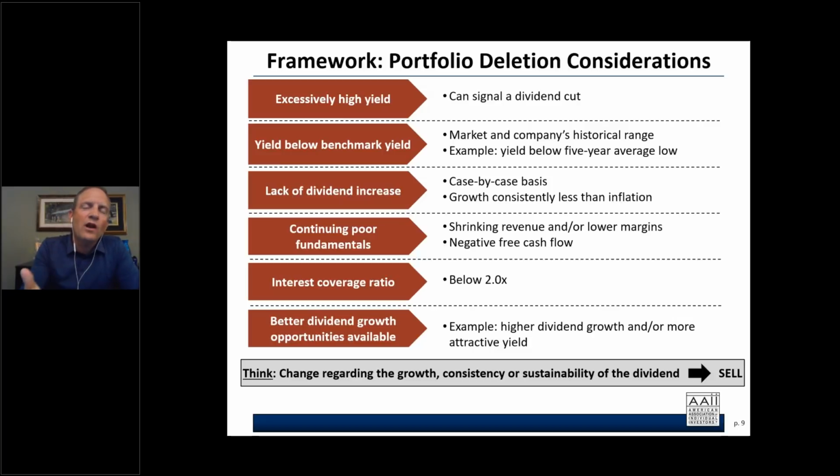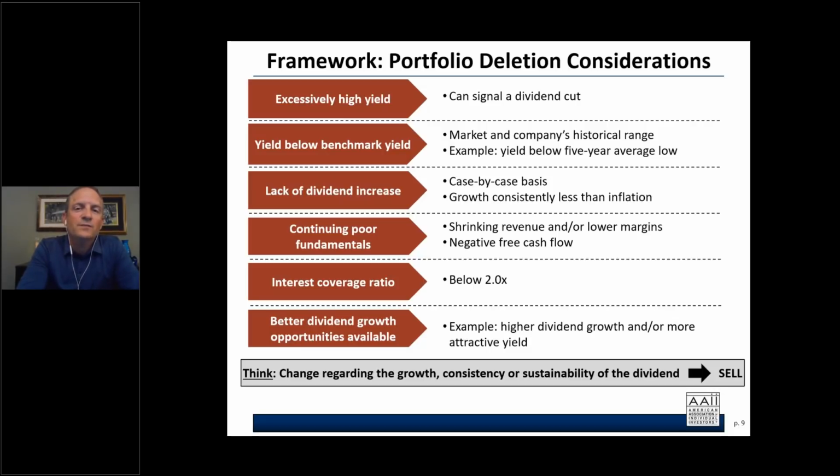And of course, I don't have it listed here, but if a company were to cut its dividend, it would be deleted from the portfolio. We're looking at the company's yield, and again, we're looking for companies that have yields greater than the market or the company's historical range.